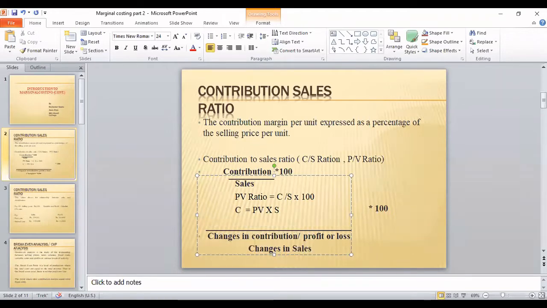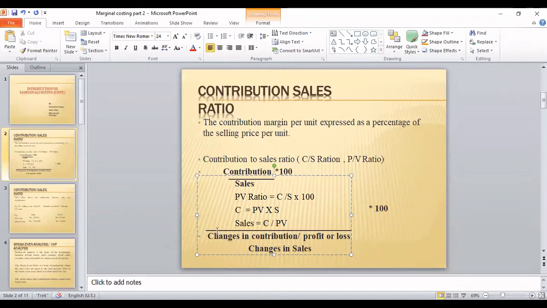Similarly, how can we find out sales? Contribution divided by PV ratio. Yes, exactly. This is how you have to work with these formulas to get your answers.